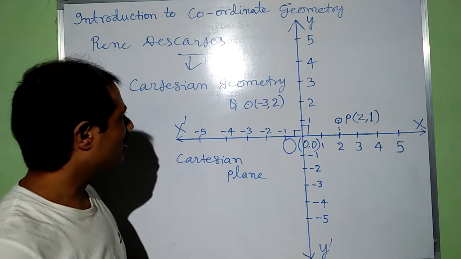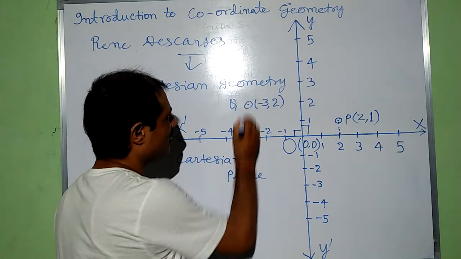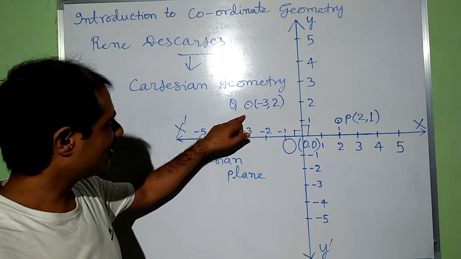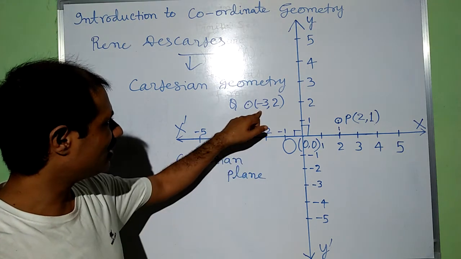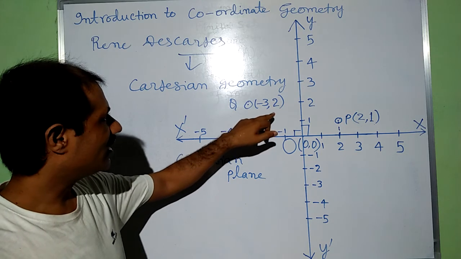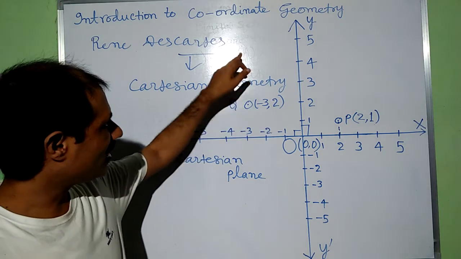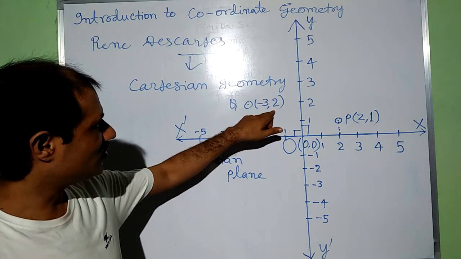So the coordinate of this point Q is (-3, 2): distance along the x-axis is -3, and distance along the y-axis is +2.